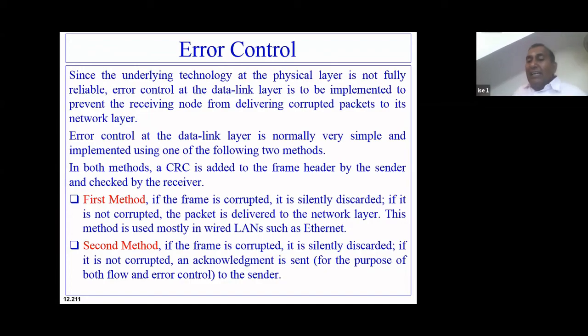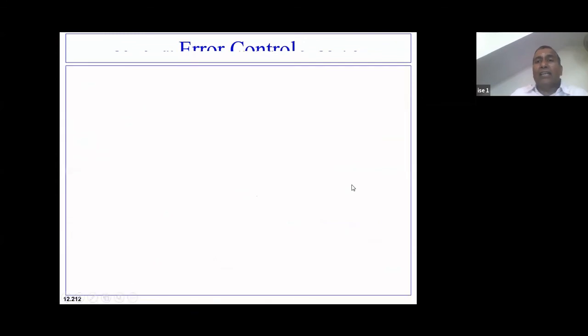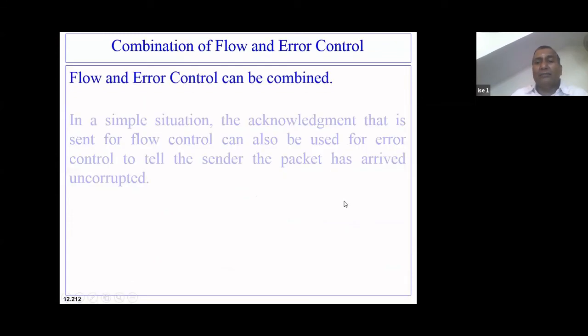So the sender understands that my data has reached safely to the receiver. In the first method, no acknowledgement is sent. So how exactly will various systems behave with this?